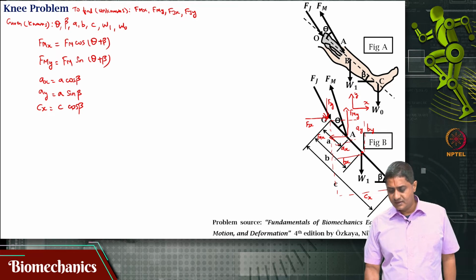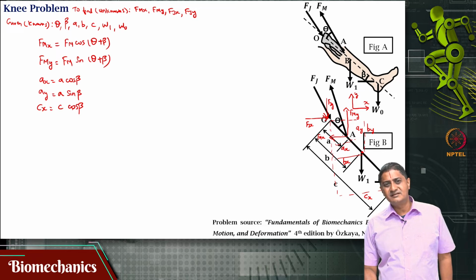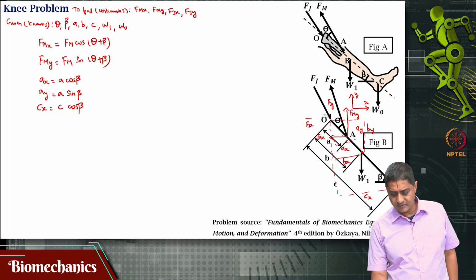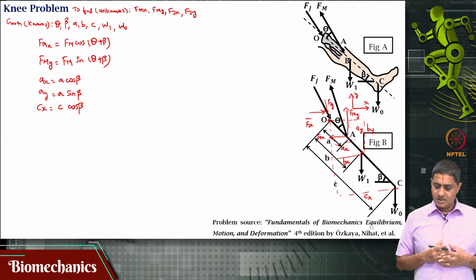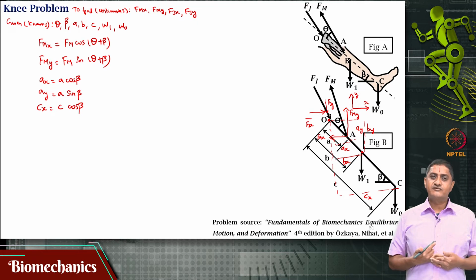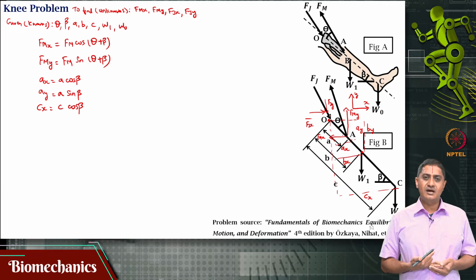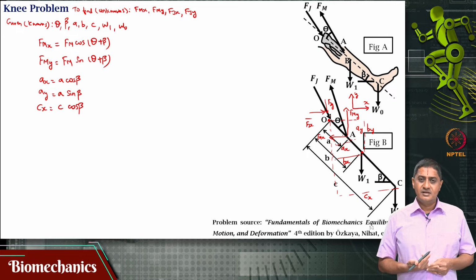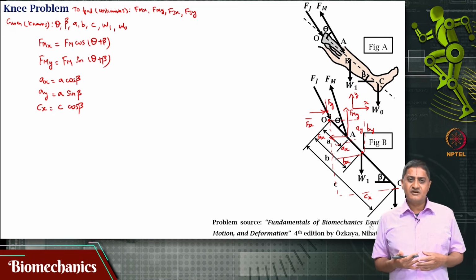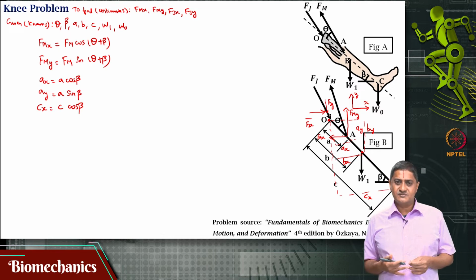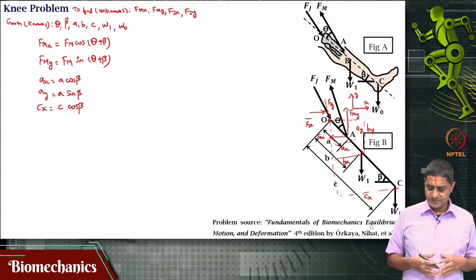Now, to solve this, I think it would be convenient to take the moment about the point O here. Why? Because the joint reaction force Fj is acting along O. So, if I take the moment about that point, then the components of the moment due to this force will disappear because the moment arms are 0.